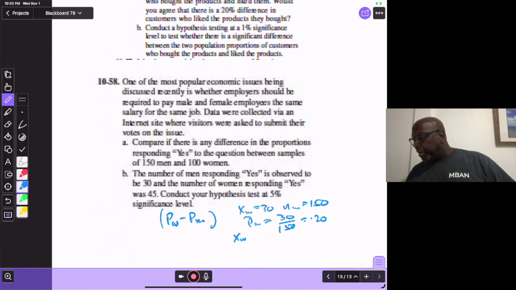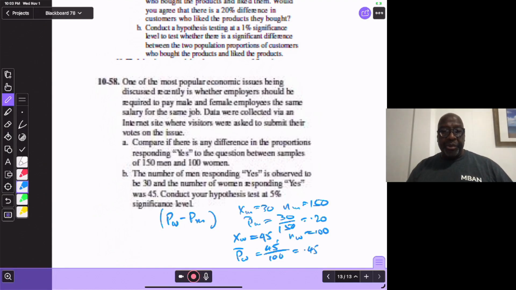X for women is equal to 45, and n for women is 100, and therefore P bar for women is 45 over 100, 0.45. So we have our two sample proportions for this particular problem. We can find a confidence interval, or we certainly can do a hypothesis test as well.